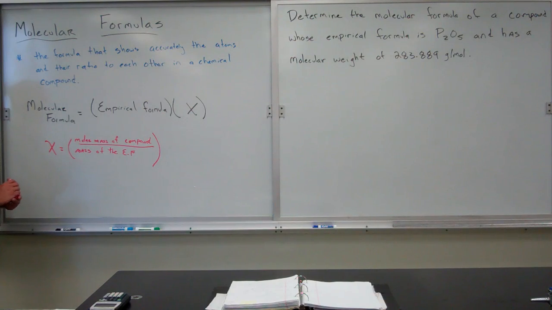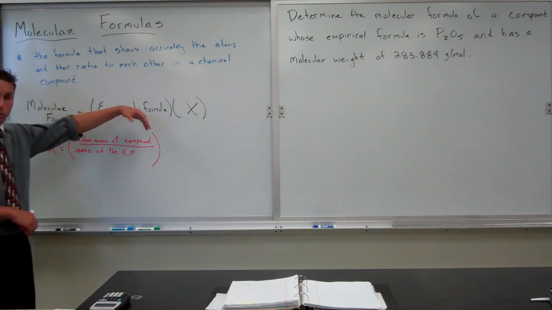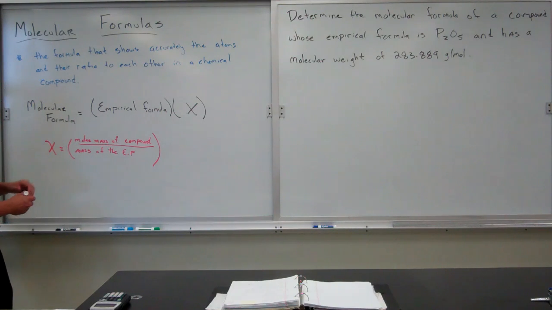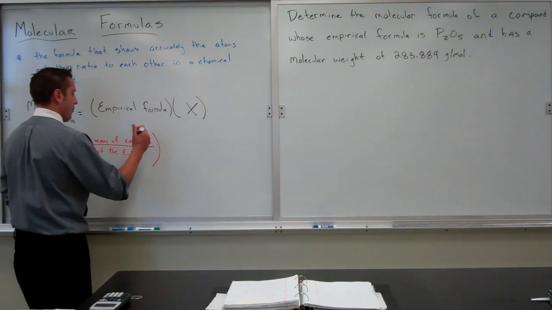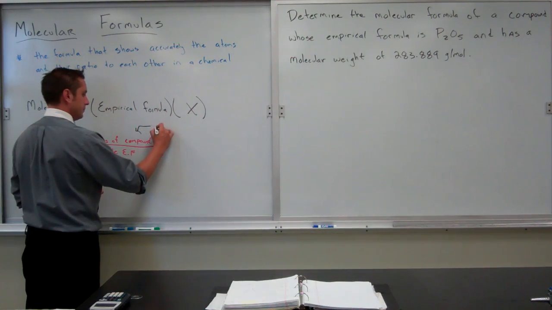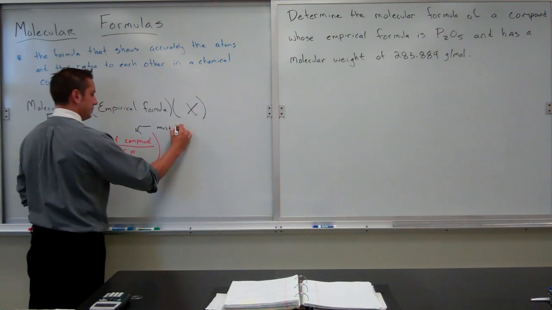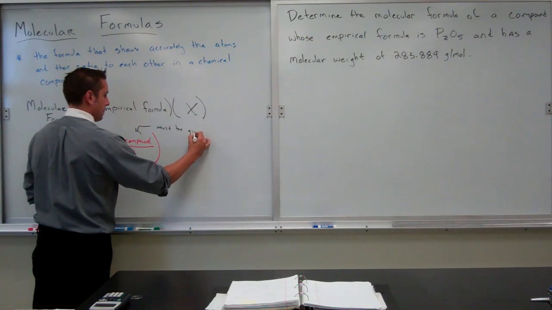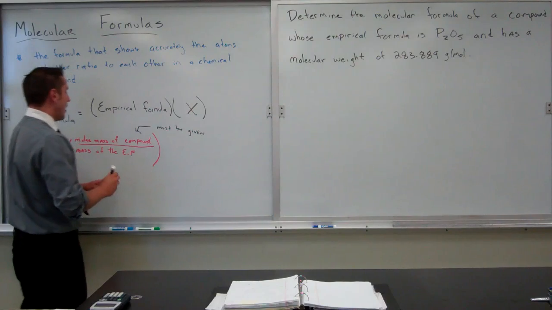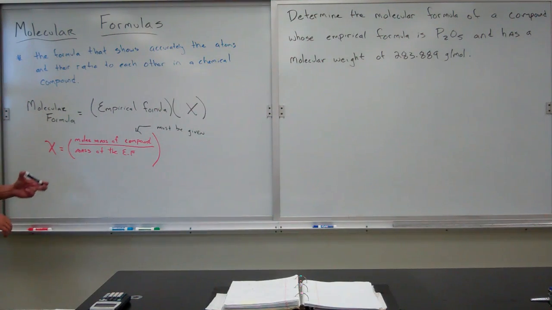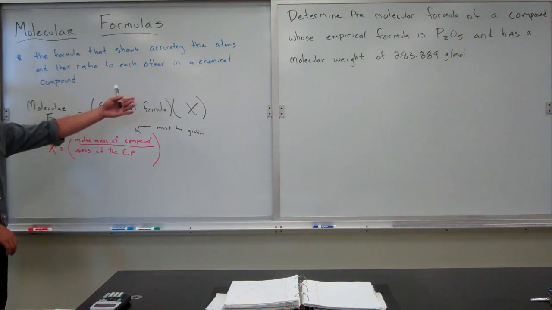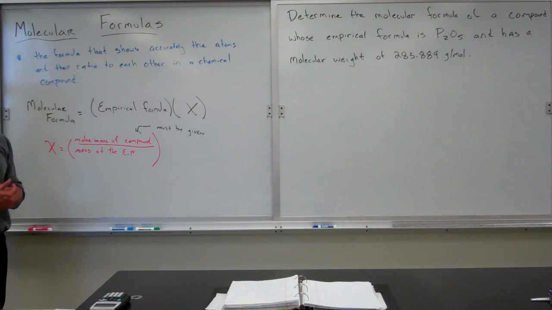So sometimes you'll see problems where you're given the empirical formula and you'll always have to be given the molar mass of the compound. And then your job is to get the mass of the empirical formula, find your multiplier, and distribute it in.